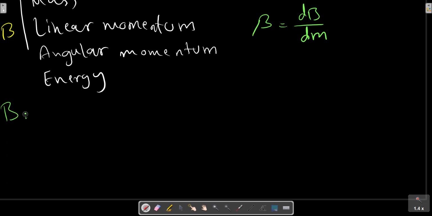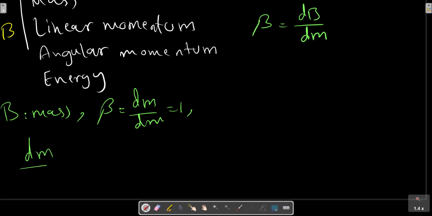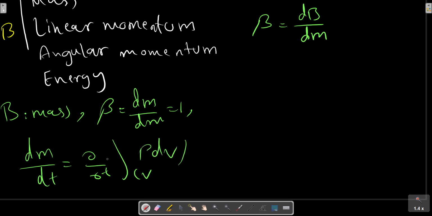So if B equals mass, then beta equals dm on dm, which equals 1, and the equation simplifies to dm on dt equals the integration over the control volume of rho dV plus the integration over the control surface of rho V dot n dA.